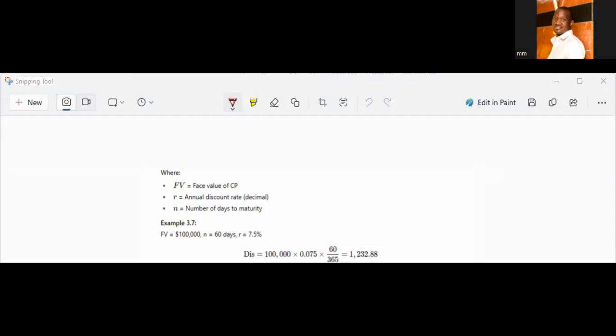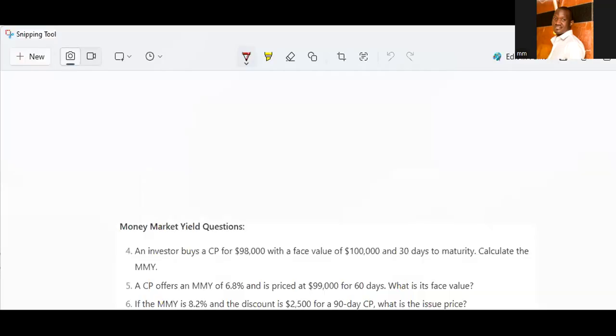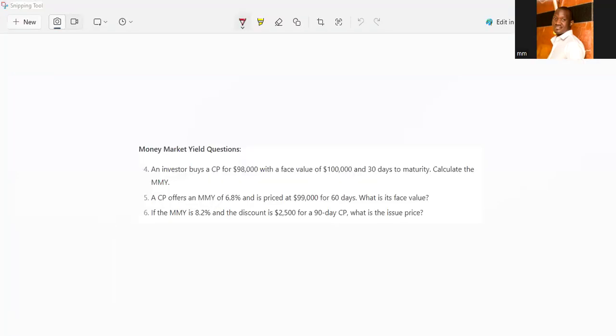Here it's totally new, so that you don't miss me, I'll need to explain some concepts on the money market yield. So listen to me carefully. What is a money market yield, and how is it used? I've sent the formulas on the group.